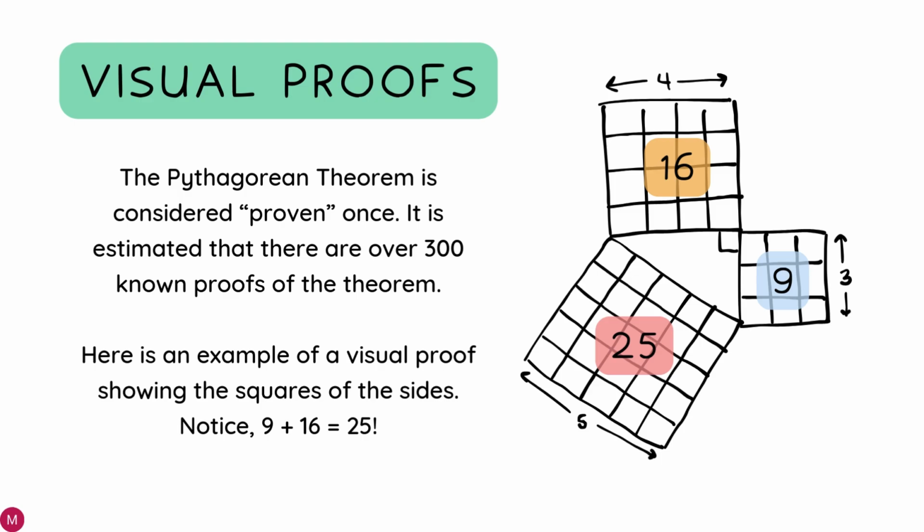Here is an example of a visual proof showing the squares of the sides. Notice how one side of the right triangle has a total of 16 squares in it, and if you add the other side of the right triangle, which has 9 squares in it, this yields the result of 25 squares for the hypotenuse side, which proves the Pythagorean theorem true.